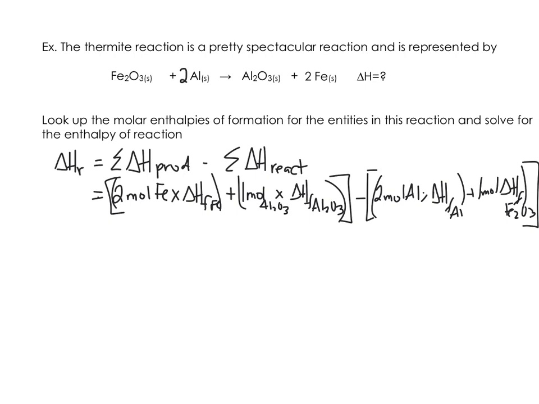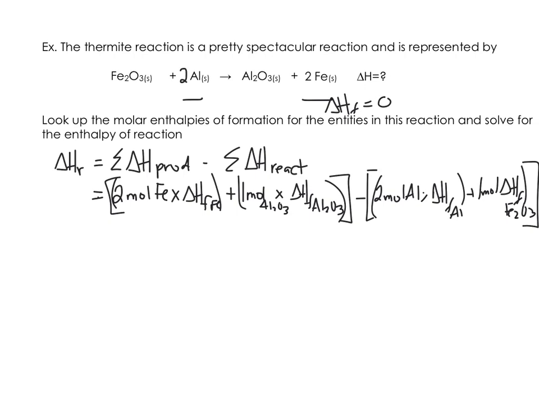And that's because the enthalpy of formation of an element in its standard state is defined as 0. So at room temperature, aluminum is a solid, iron is a solid. So the value for the molar enthalpy of formation for them is defined as 0. So their delta Hf is 0.